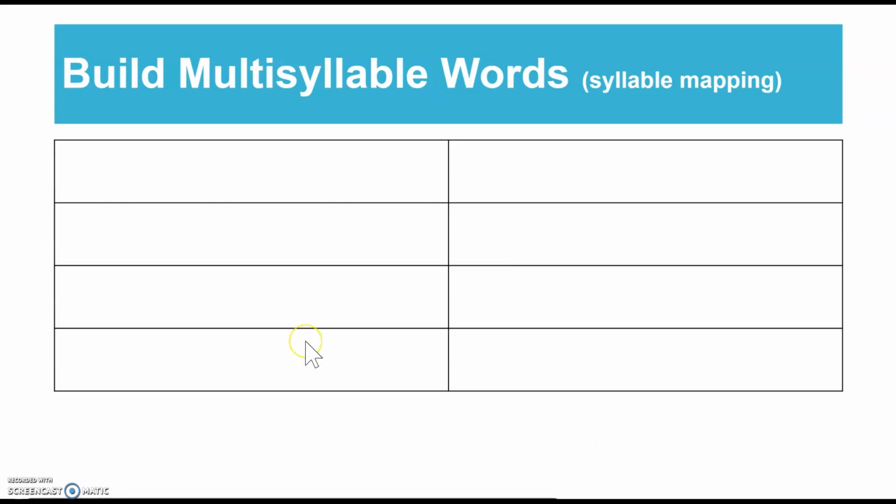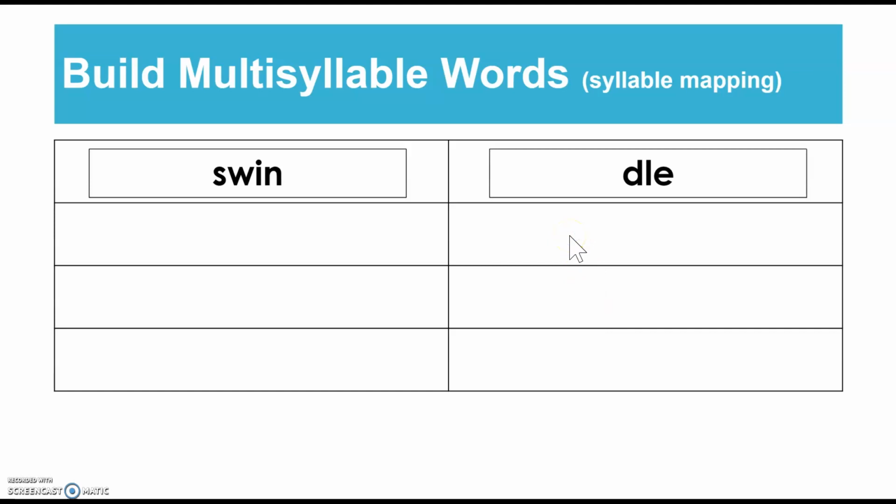Please write swin in the first box in your book. All right, the second syllable is dull. Please write the syllable dull in the second box in your book. And when we put them together, we have the word swindle.